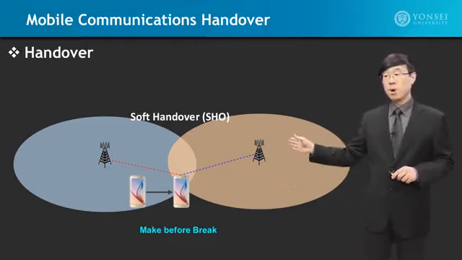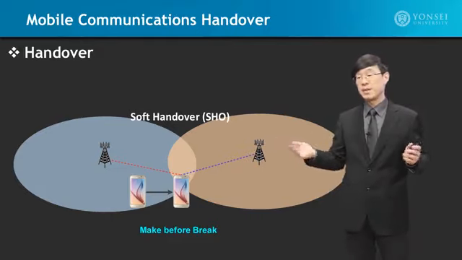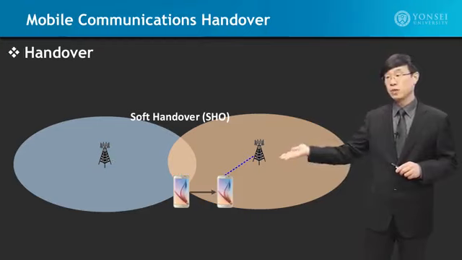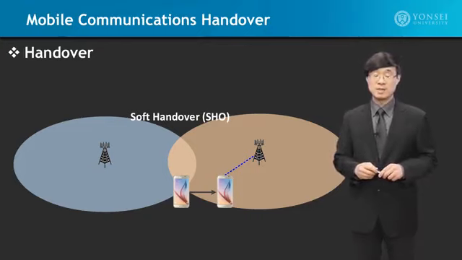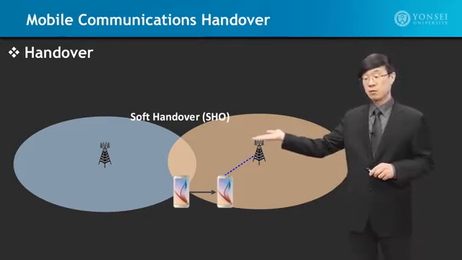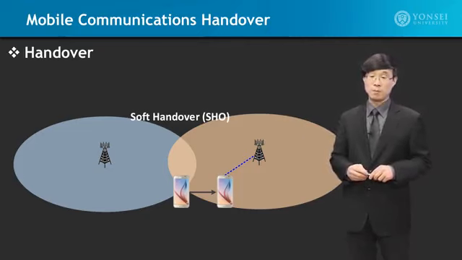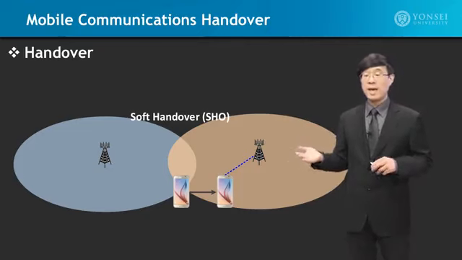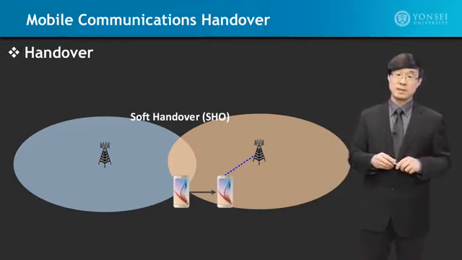Therefore, at one moment near the cell edge, you're connected to both base stations. And then, as you move into the territory of the new base station, then you just use the link connection that was established and disconnect the former one with the former base station. This is called soft handover. It uses make before break, and it maintains connectivity to both base stations at one instant.